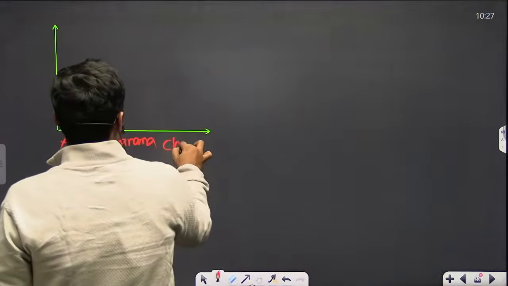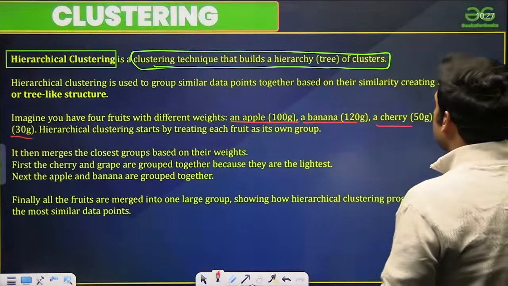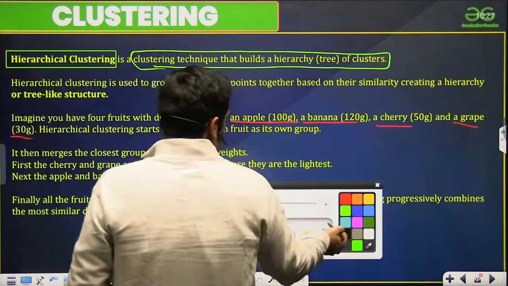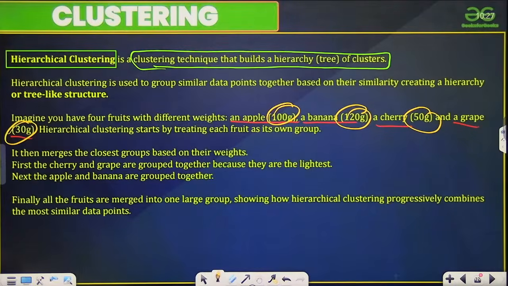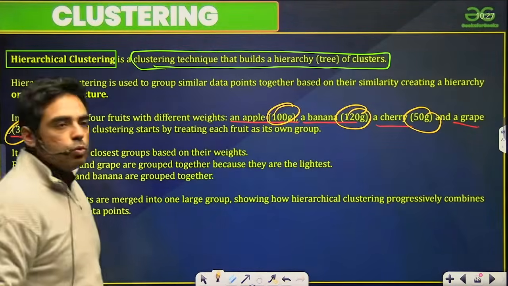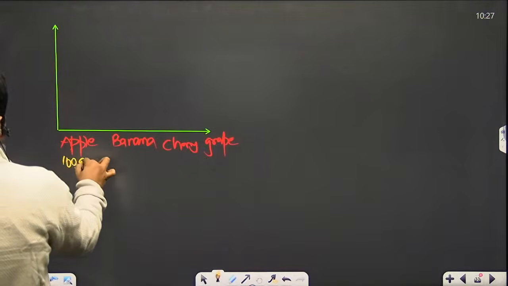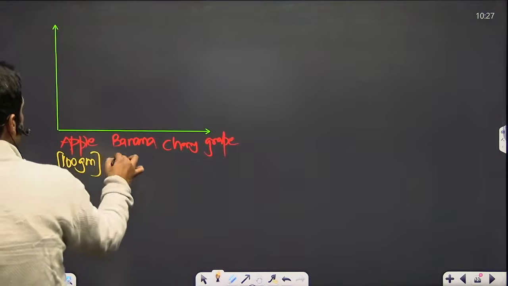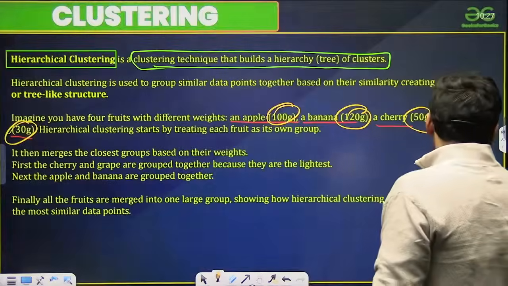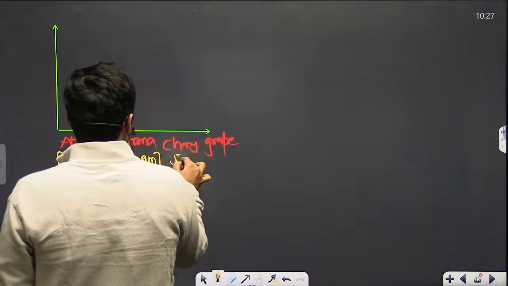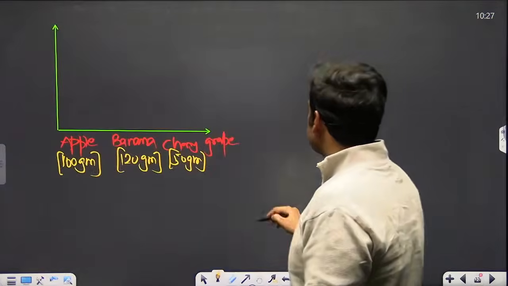Now if my similarity criterion is the weight of the fruit, an apple weighs 100 grams, a banana weighs 120 grams, a cherry weighs 50 grams, and a grape weighs 30 grams.